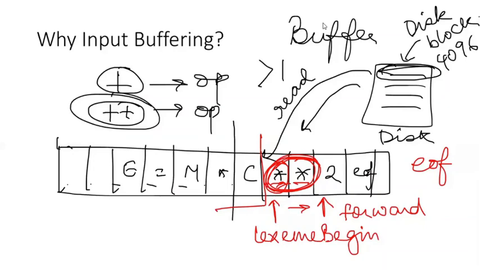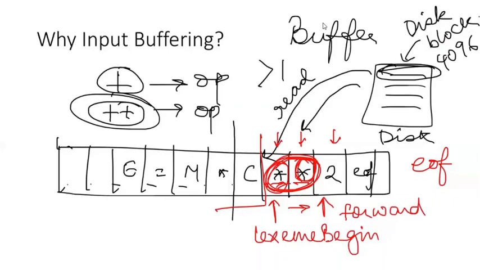Initially forward was here, then it moved to the next one. If it was multiplication, then here it should have found a number, but it did not find it, so it moved on again. So currently forward is here and lexeme begin is here.